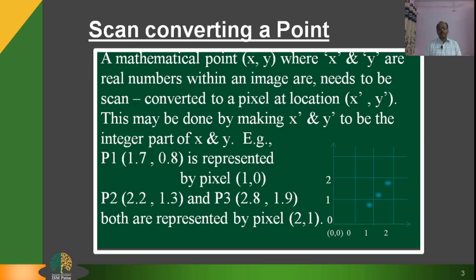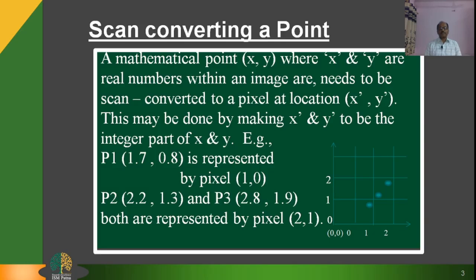This may be done by making x dash and y dash the integer parts of x and y. x dash is equal to floor x and y dash is equal to floor y. The origin is at the lower left corner of the pixel grid.